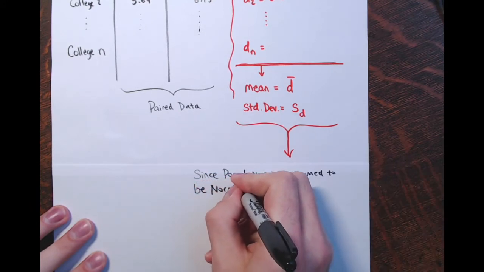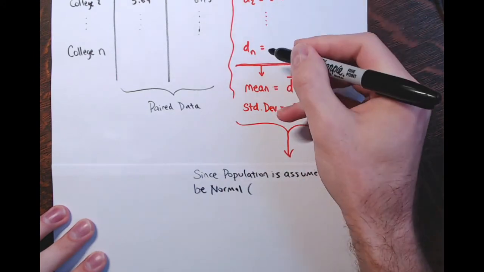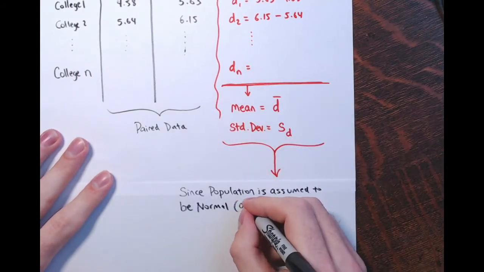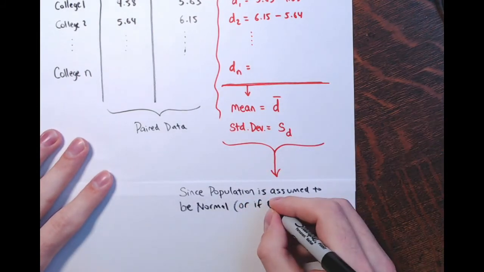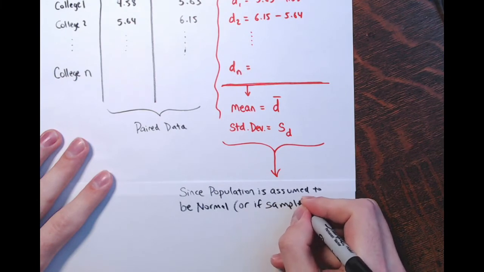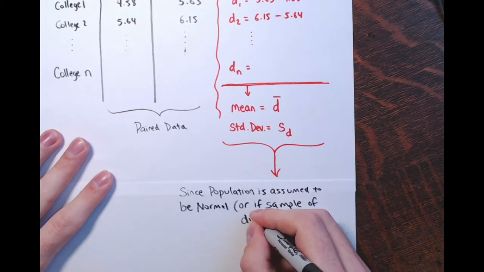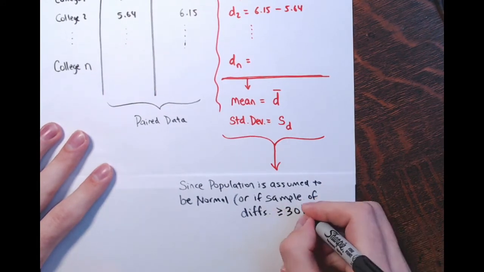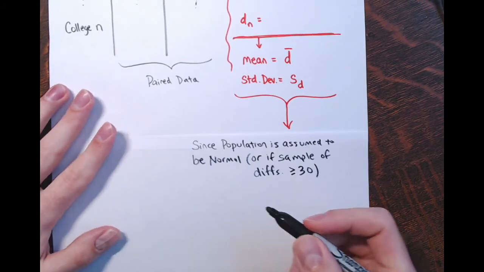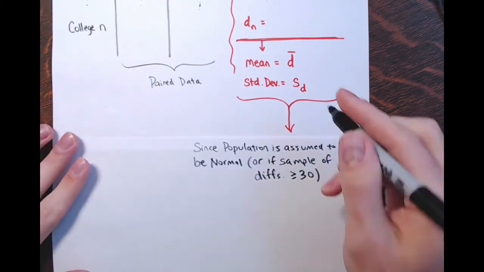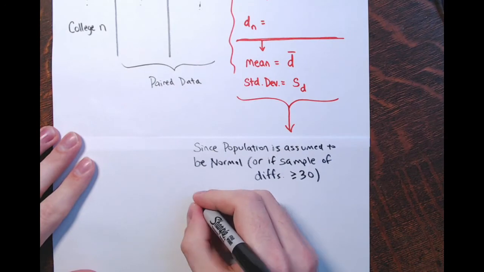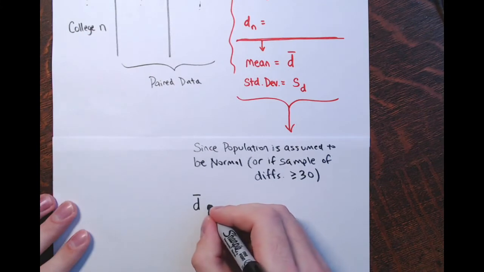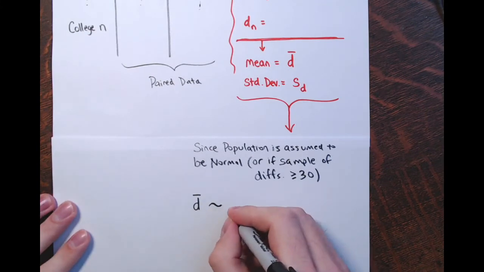Or if the sample was large enough, about 30 or more of these differences, then by the central limit theorem we've seen for means, the distribution of these d bars, the distribution of the sample means, would be a student's t distribution.